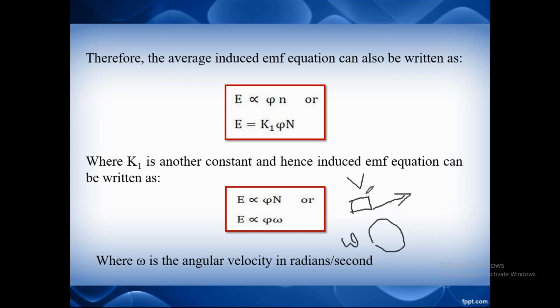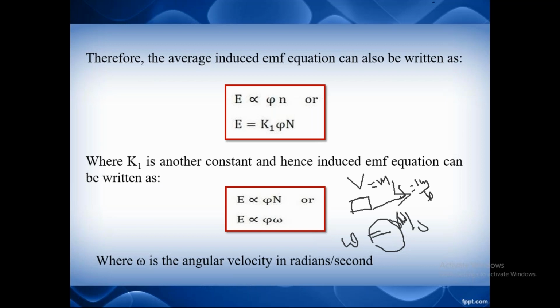The units of velocity are meter per second or kilometer per hour. The units of angular velocity are radians per second. Here the armature is rotating in circular motion, so that's why we express the speed as angular velocity.